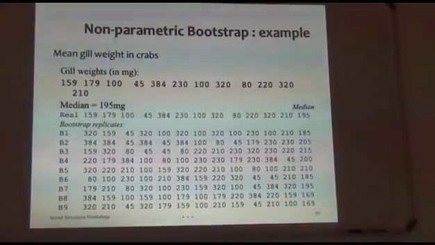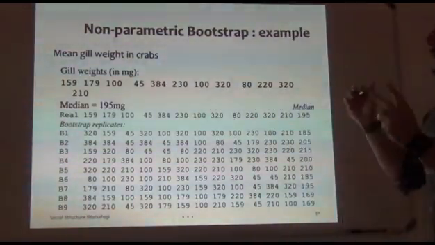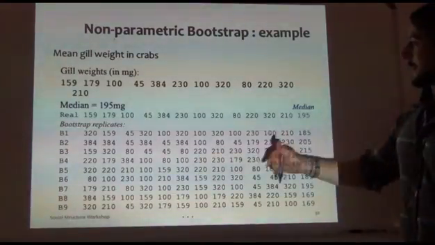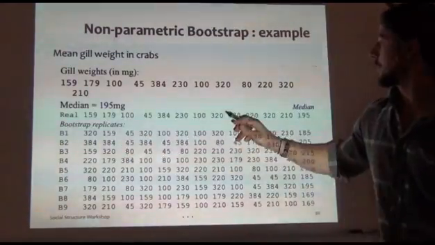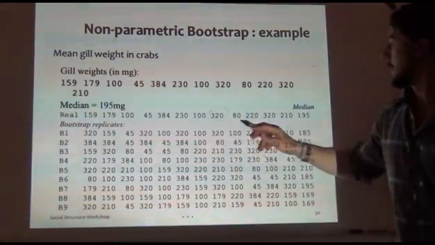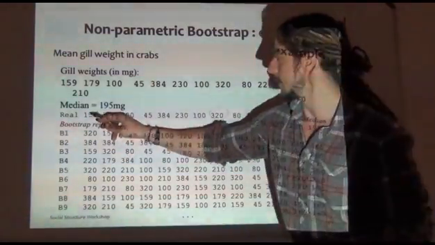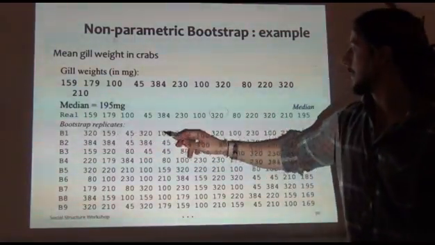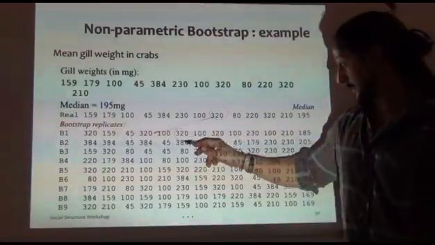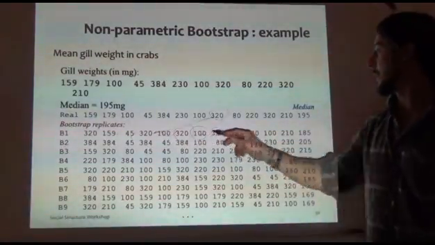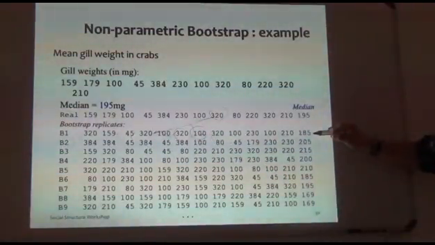Now we can do some bootstrap replicates. So this is our observed one. Then we sample it, and we got this different one. See that all the values are there. So this guy is here, this is here, here it is again, so twice. So we can have some replicates. We do that and we calculate the median again.